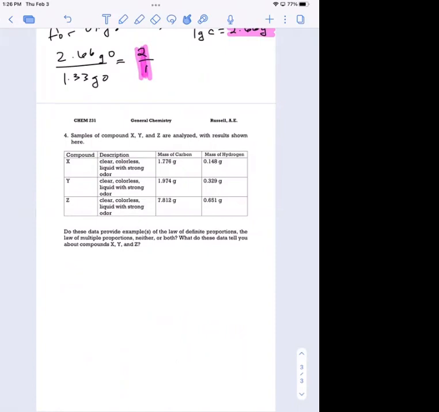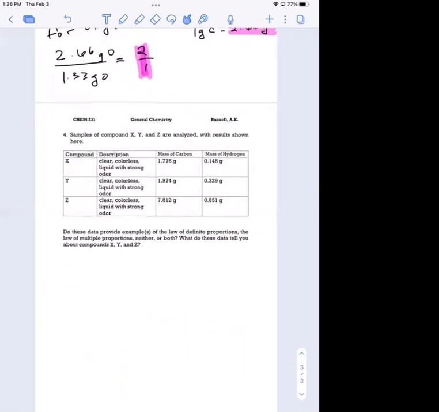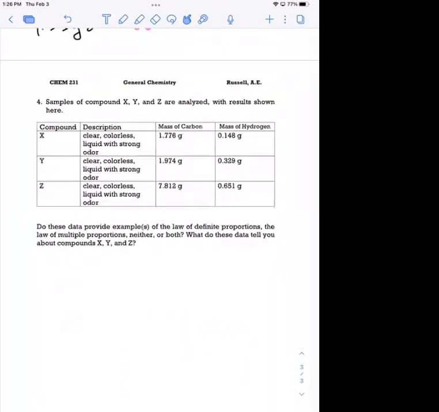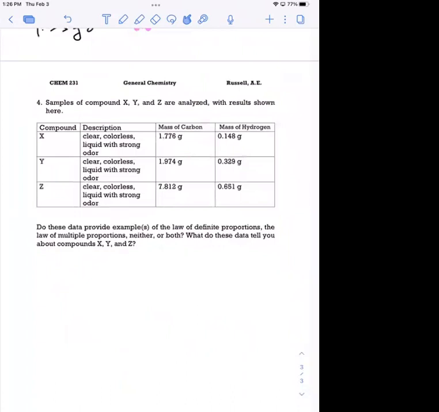When I open the rooms, I want rooms 1 and 2 to attack this as a constant proportion problem to find out if these numbers follow the law of constant proportions. And then rooms 3 and 4, I want y'all to attack it like a multiple proportions problem to see if the numbers follow multiple proportions. Let's see what we come up with.